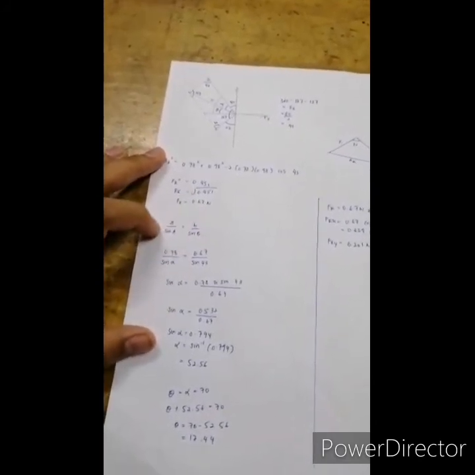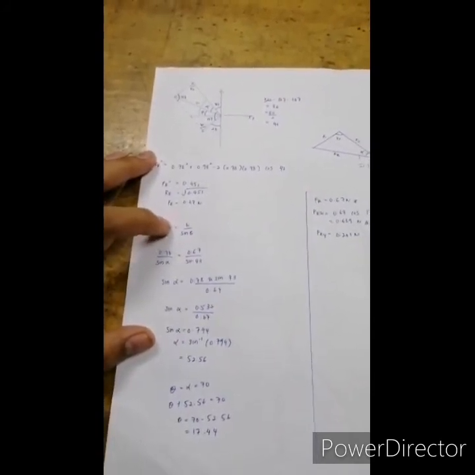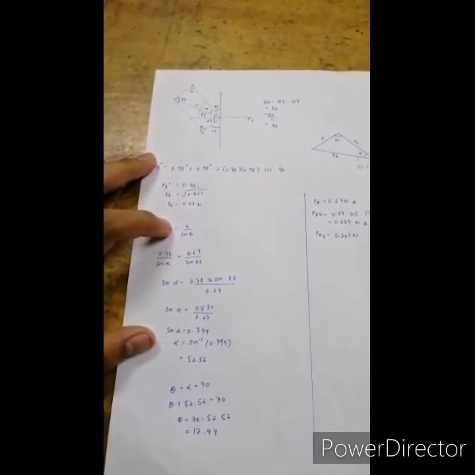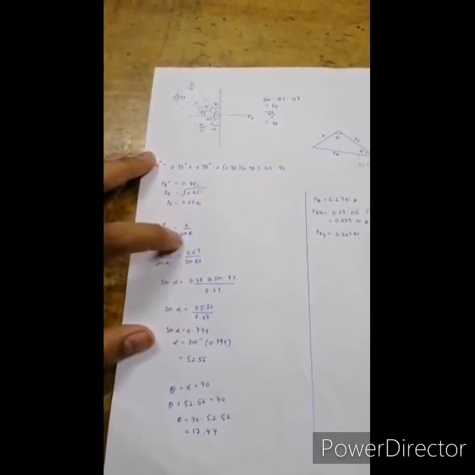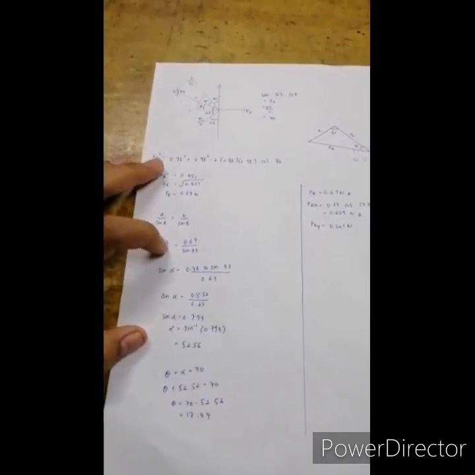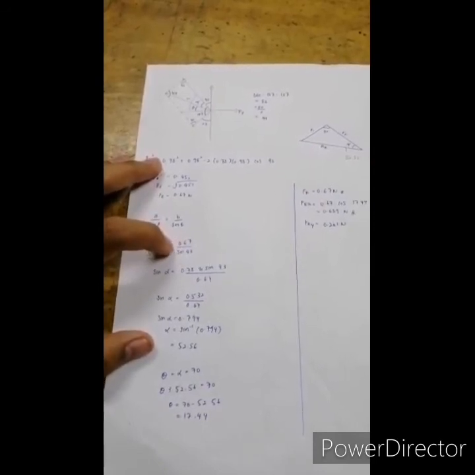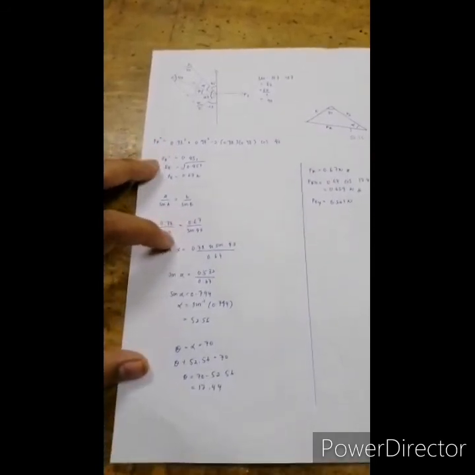This formula: A over sin A equals B over sin B. 0.78 over sin alpha equals 0.67 over sin 43.